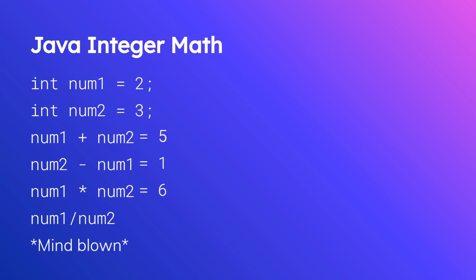And then num1 divided by num2. Although you would normally get 2/3, you end up with 0.